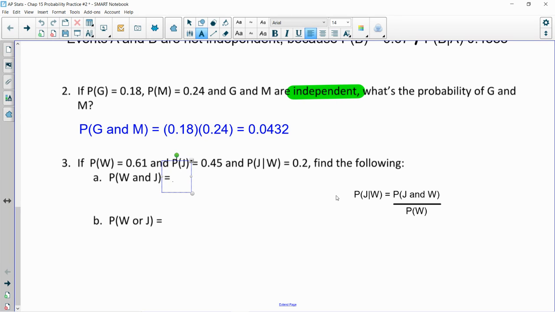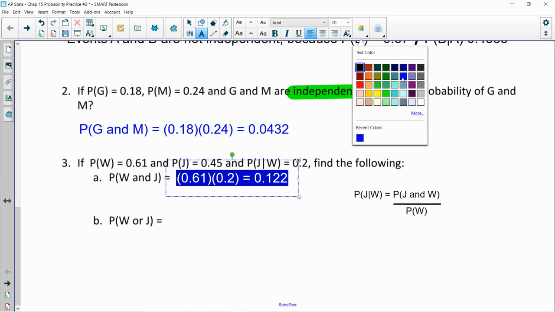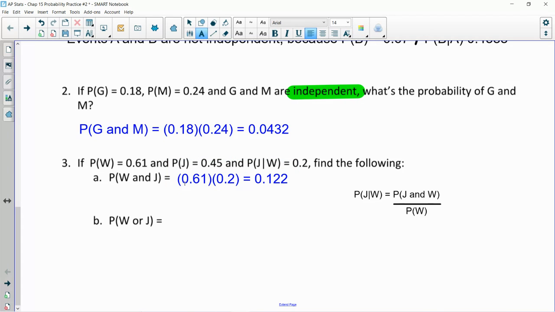That would be 0.61 times 0.2. And when we multiply those two probabilities together, we get 0.122. There is our solution.